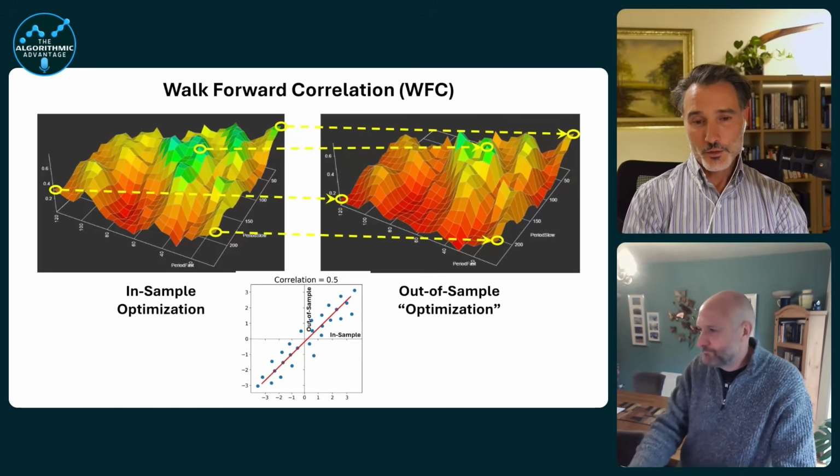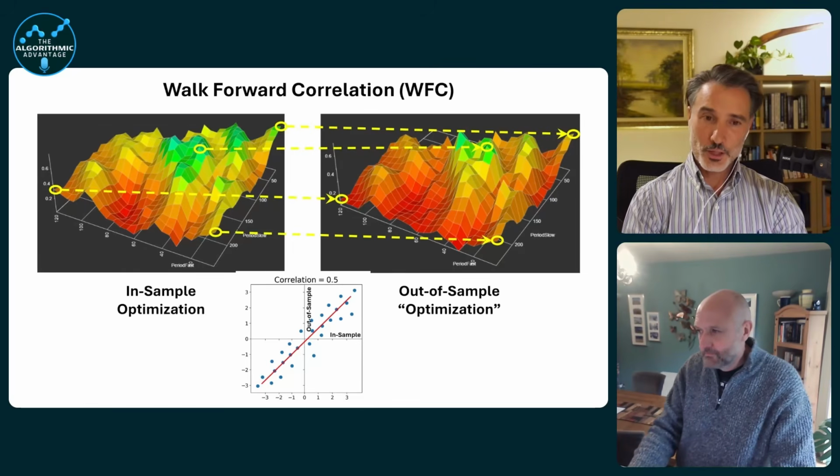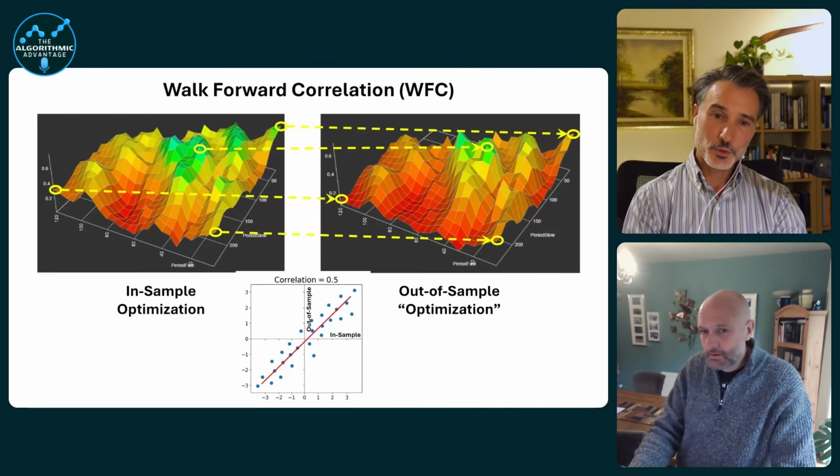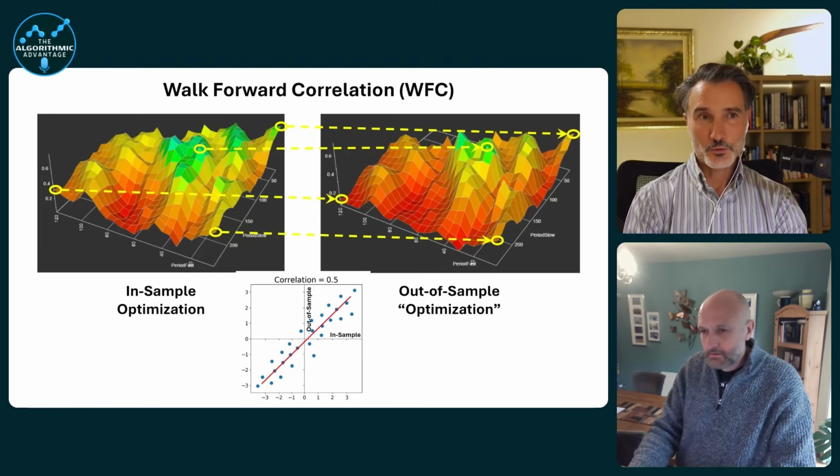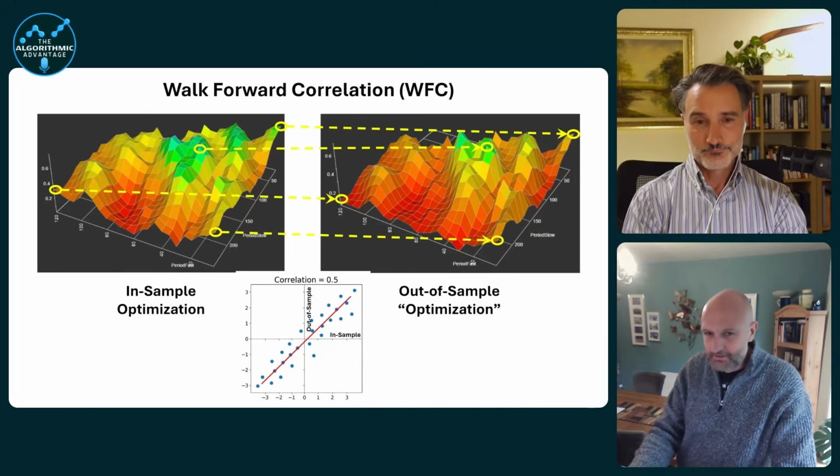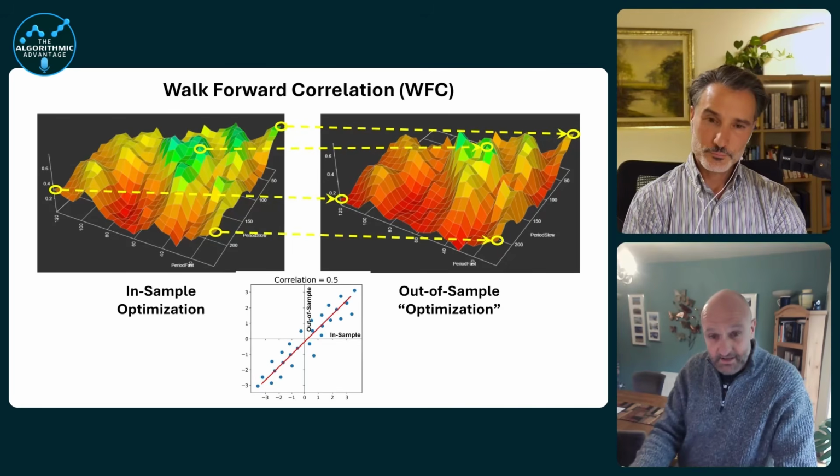So the result is a high correlation, suggesting that the parameters performed in a similar way out of sample as they did in sample, which is really telling us something about the stability of the model. Exactly right. So in this particular case, that is the case.